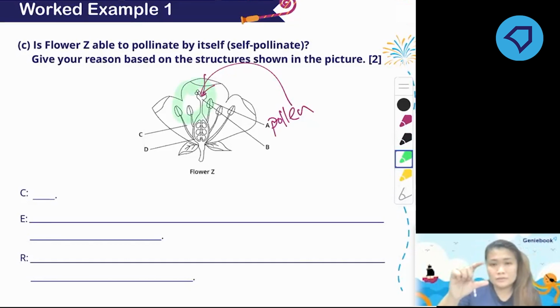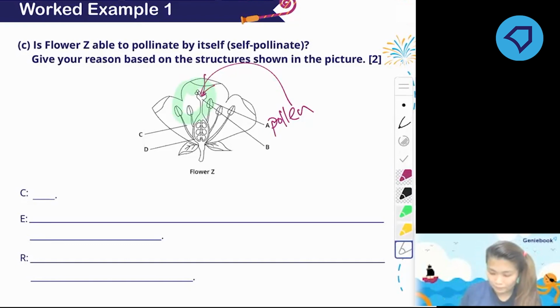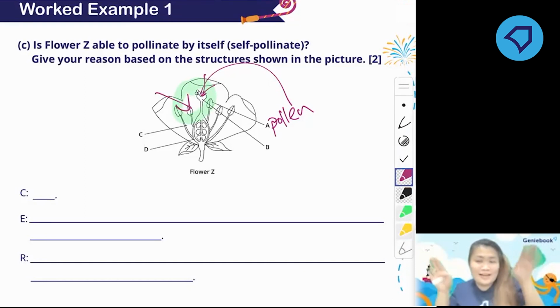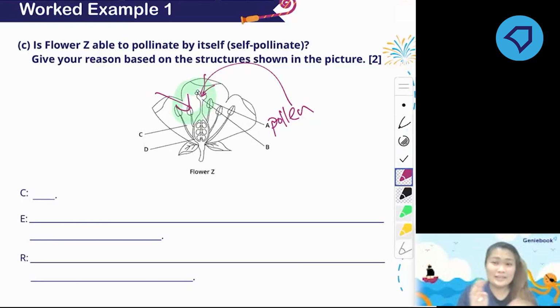The anther is below the stigma. So if it's at the bottom, can it go up? Can it fly up? It can't. All right, it cannot fly up.